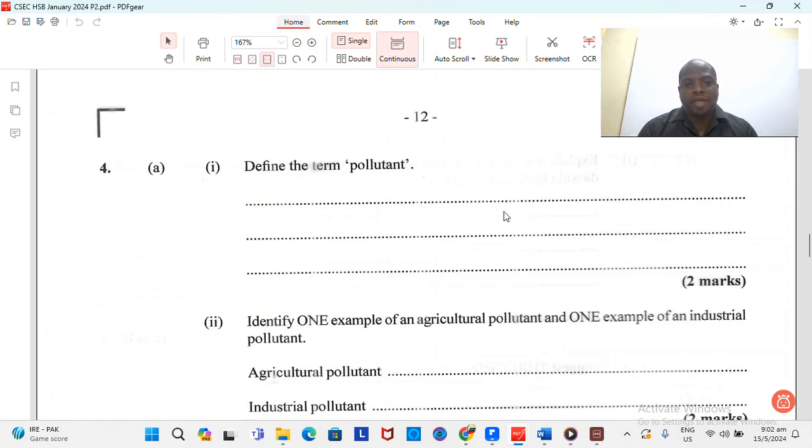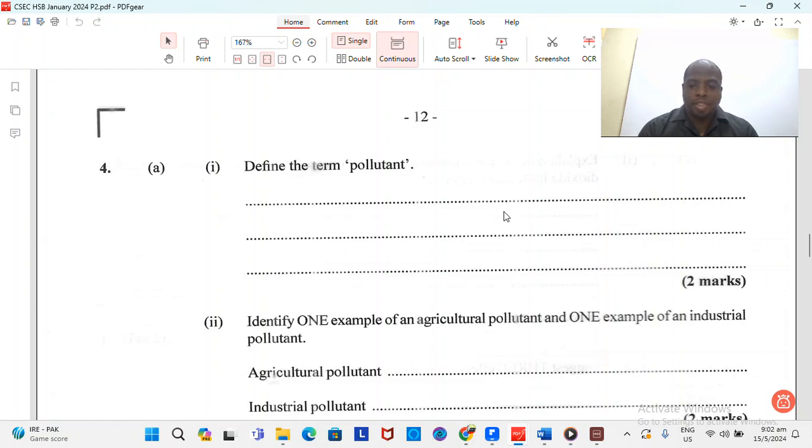Now, it says define the term pollutant. When you think of a pollutant, you're thinking of a substance that creates an undesirable situation, or makes the environment undesirable, or can cause harm or health issues to humans and other living organisms.